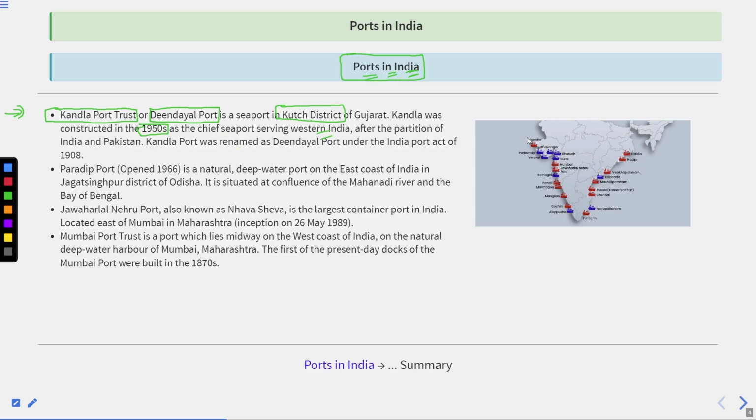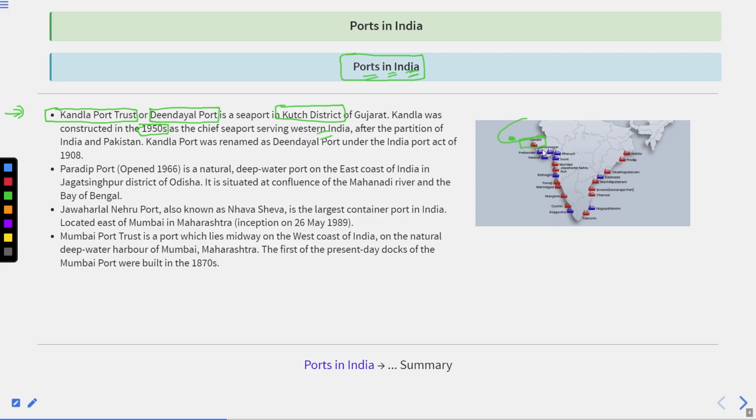Like if you see, this is the Kandla port. Okay. So basically the Kandla port lies in the location where, when India was undivided, there was a nearby port known as the Karachi port. Okay. The Karachi port was there. But what happened when we got independent?